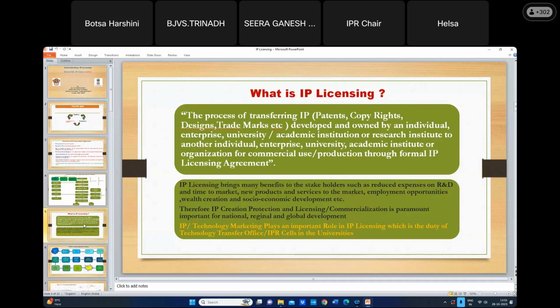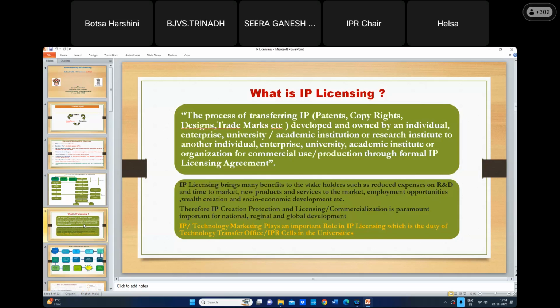So once you develop and you own that IP or that knowledge, the individual or enterprise or university institution or a research institute transfers it to another individual, enterprise, university, academic institute, organization, or company, with an intent to produce that product or process on a commercial scale through a formal IP licensing agreement. That is the meaning of IP licensing. You develop the knowledge, you develop the technology, and you get rights on it.